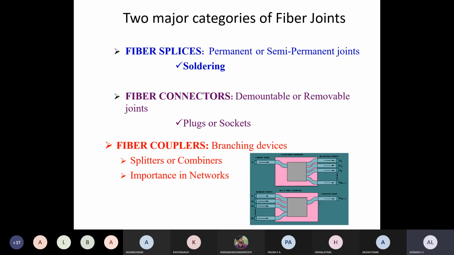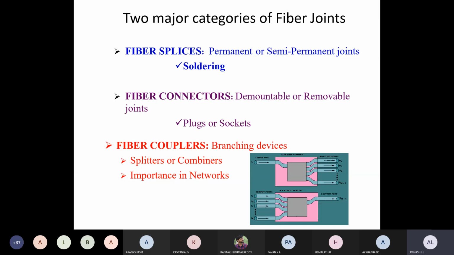You can make a note of it, all of you: fiber couplers are nothing but branching devices. In the branching devices, we can have splitters or combiners. You can see what the splitter means and what the combiner means.